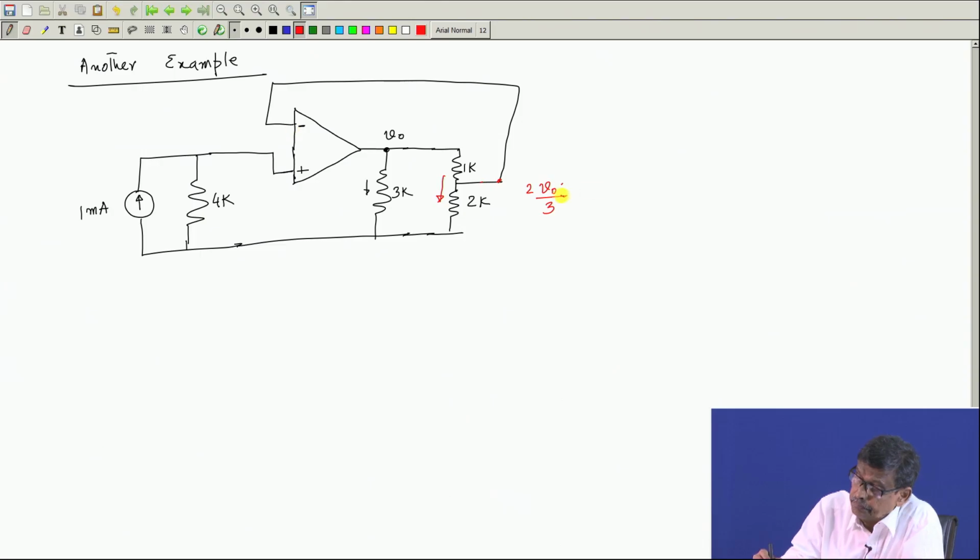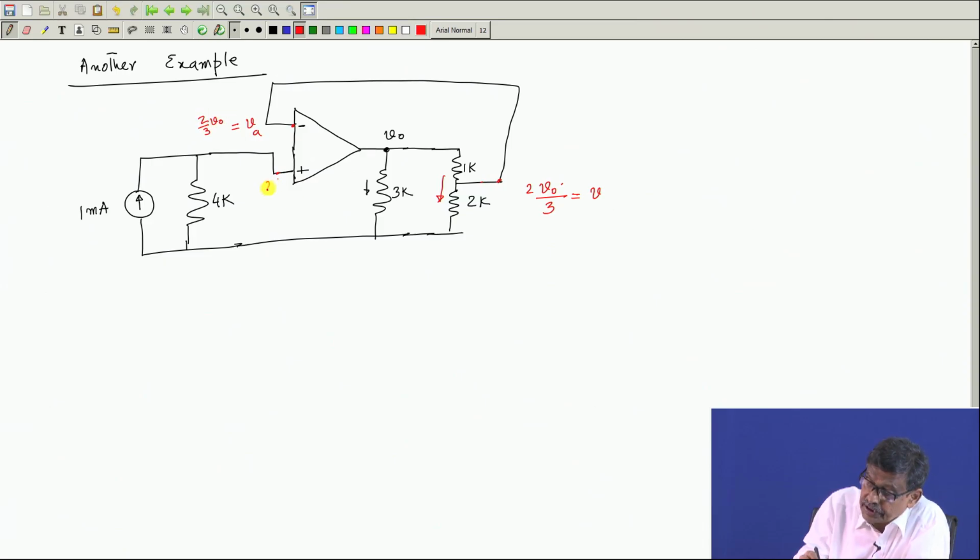And this is the potential that is equal to V A. So, V A I have been able to calculate. Now, if this is V A, the V B has to be the same as V A. So, V A I have got is equal to 2/3 into V naught.